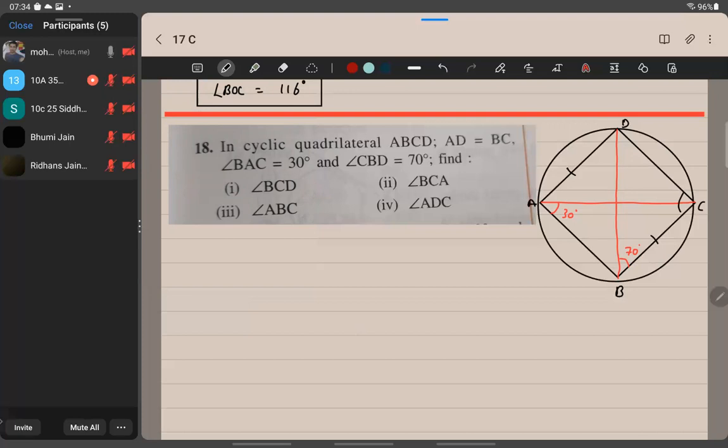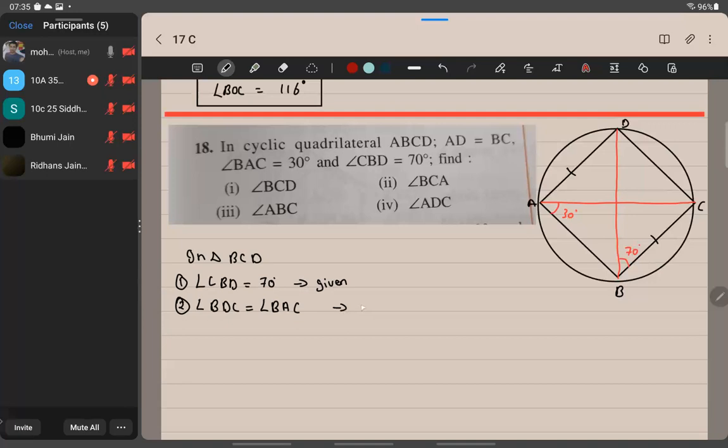Okay, first of all, in triangle BCD, first point, angle CBD is equal to 70 degree. This is already given. Second point, angle BDC is equal to angle BAC.